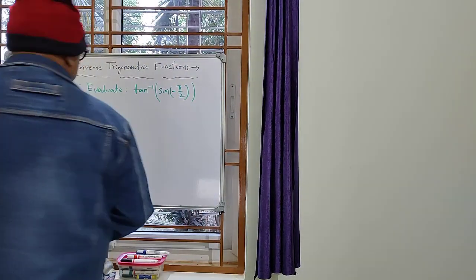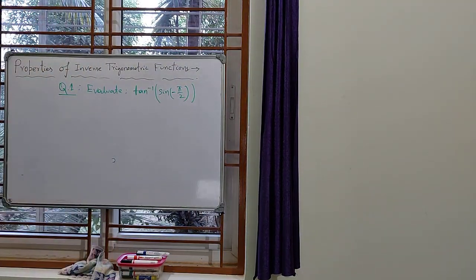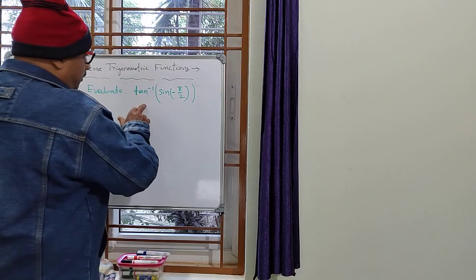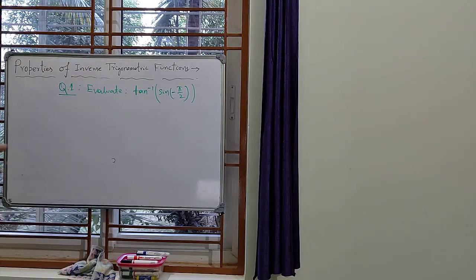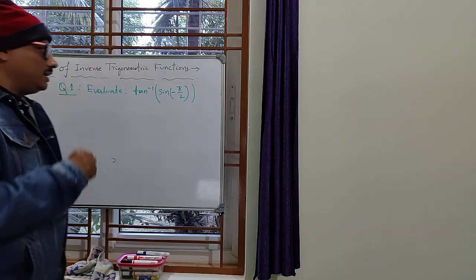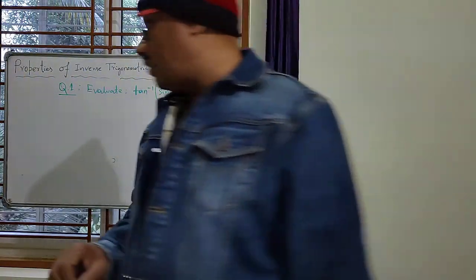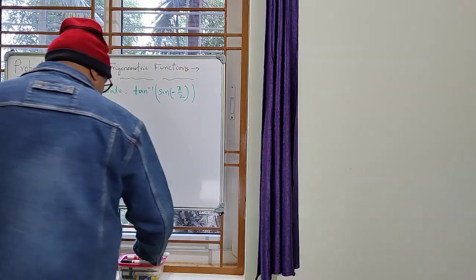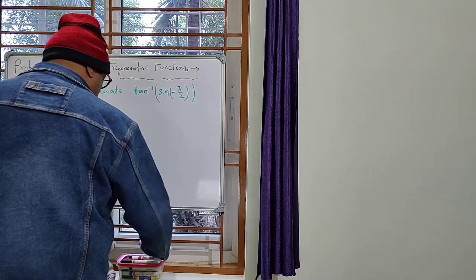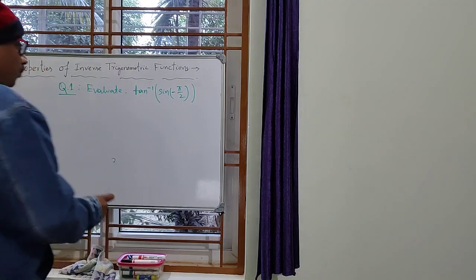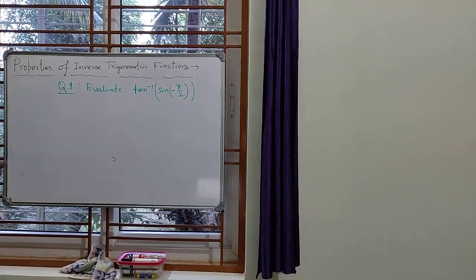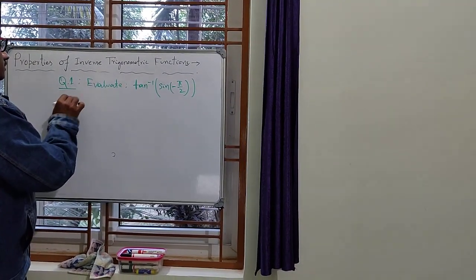That means we have to find the value of the inverse function. The inverse function is tan inverse of sine of minus pi by 2. Now applying the property, we have the solution.